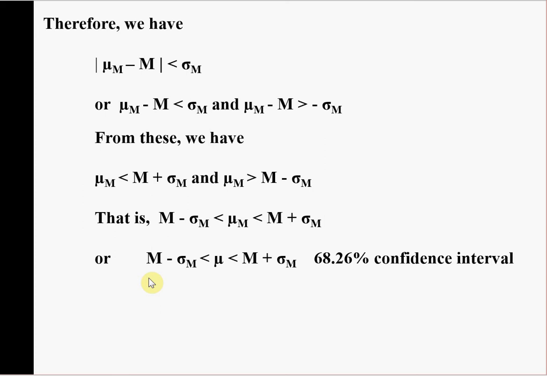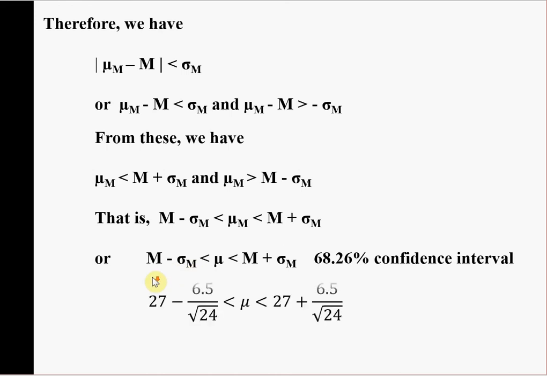Now we can plug in the actual values that we know to calculate the lower bound and upper bound. The question already gave us that the sum of mean is 27, so we know this value. And this value is the standard error, which can be calculated from the population standard deviation and the square root of the sample size. The population standard deviation is 6.5. The sample size is 24.